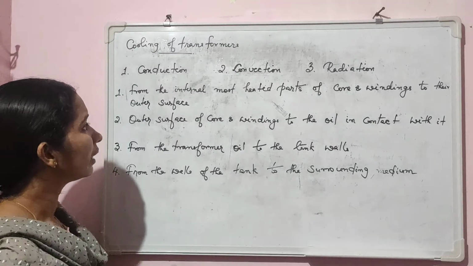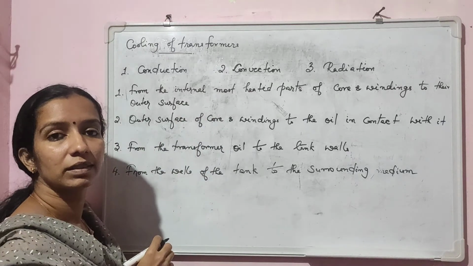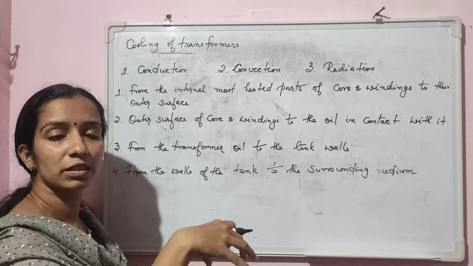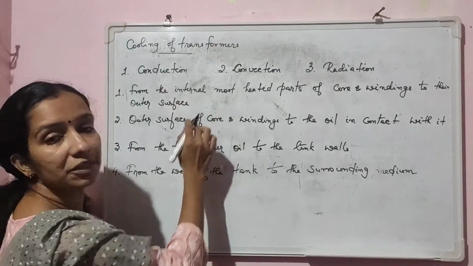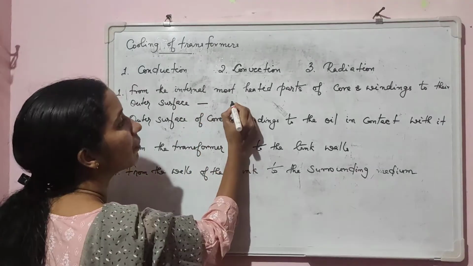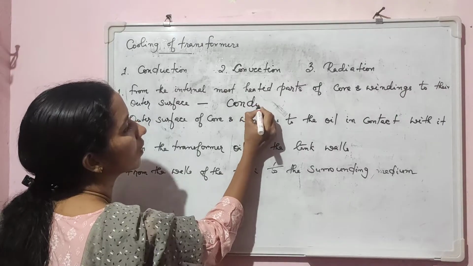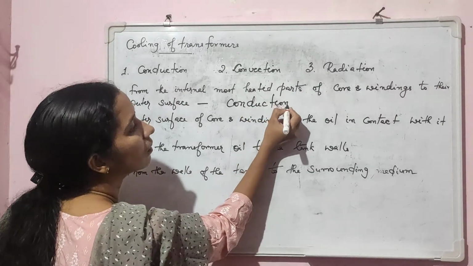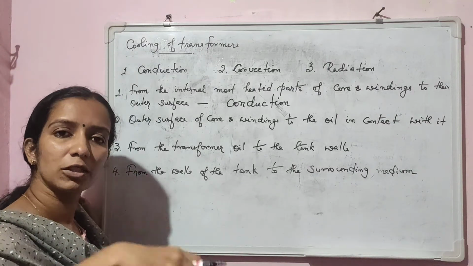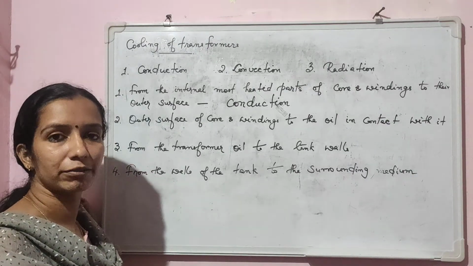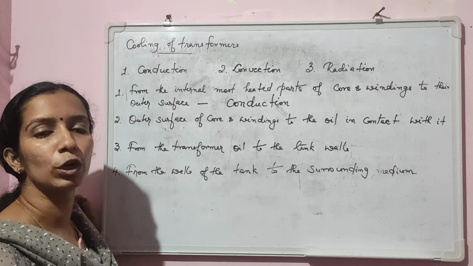If we consider the first path, from the innermost part of the core and windings to the outer surface, this heat transfer occurs by means of conduction, from a material to the material itself by movement and collision of molecules.